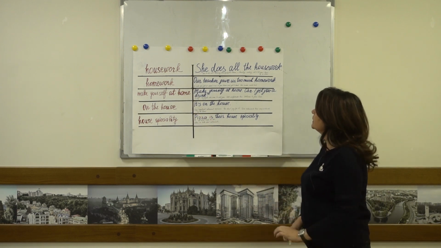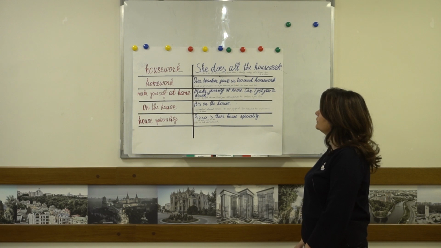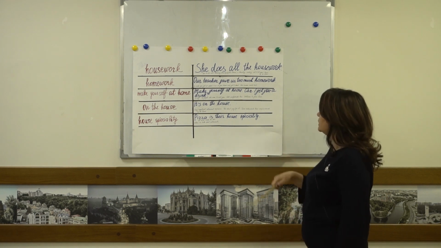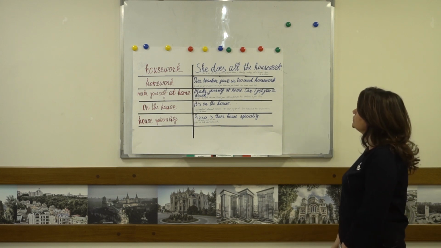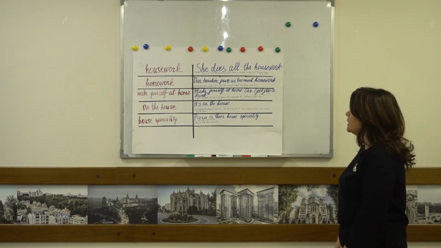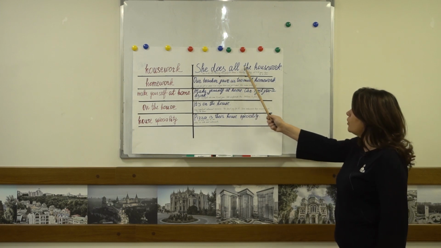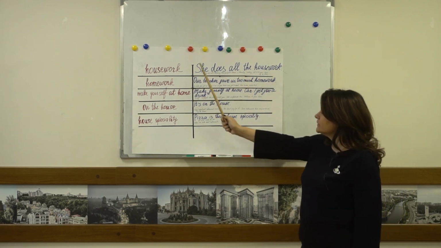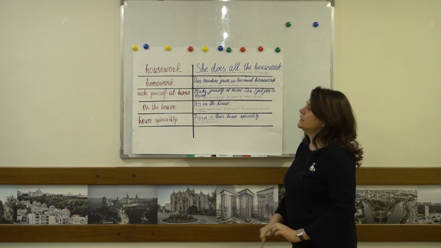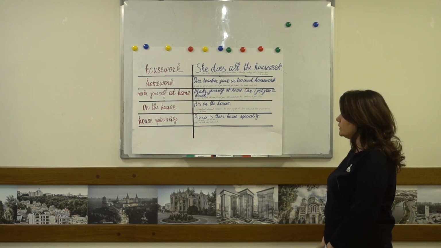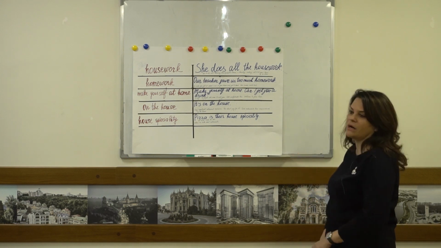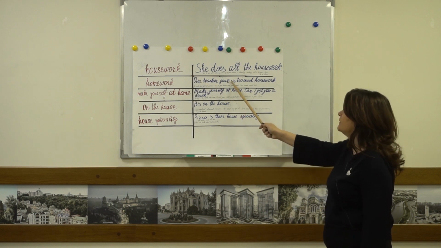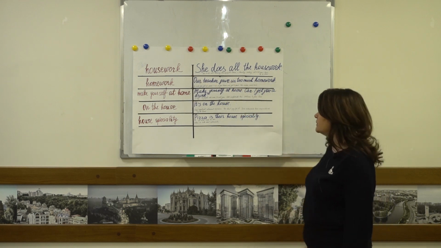Housework has to do with cleaning your house, laundry, cooking, everything to keep your house clean. For example, she does all the housework. And homework is work you get at school to do at home, and you bring it back to school, and your teacher marks it. For example, our teacher gave us too much homework.